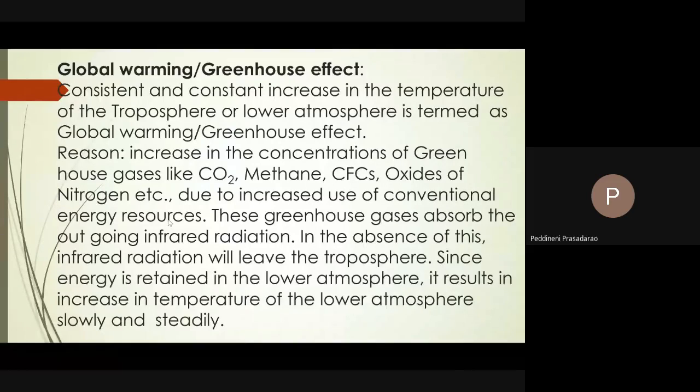Around 70 to 75% of our energy requirements are met by either coal or oil or natural gas. These are the three things which are very much used for the generation of energy.